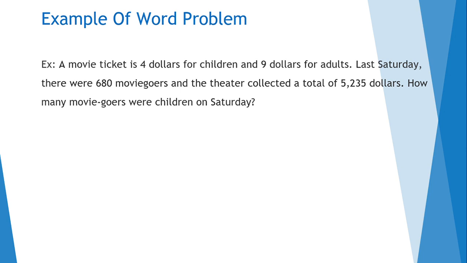In terms of money, I know that it's $4 per child, and I'm going to call x the number of children, plus $9 for adults, and I'm going to call adults y, equals $5,235.